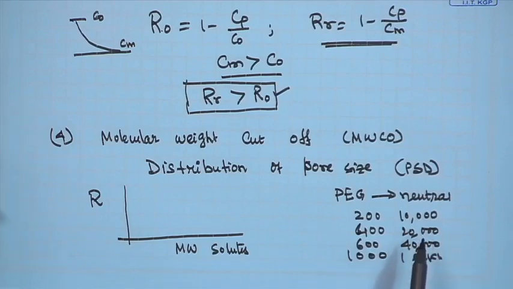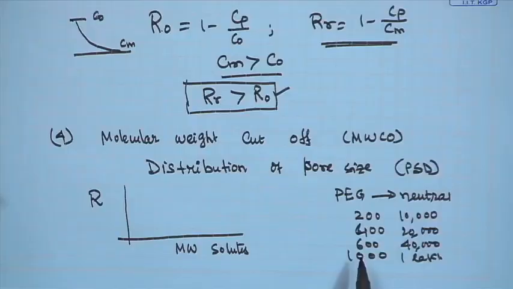So, we take the different polyethylene glycols of various molecular weights at a particular concentration, prepare a solution, conduct the experiment in a small laboratory filtration cell, and measure its permeability. Similarly, we do experiments with different molecular weights of the solutes, measure the retention, and then plot the retention as a function of molecular weight on a log scale.